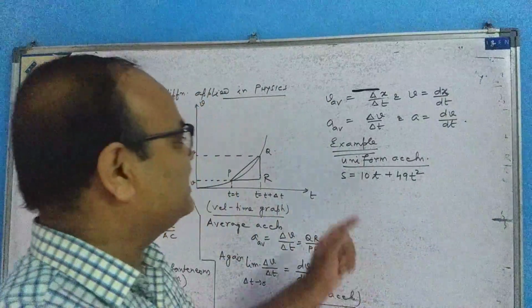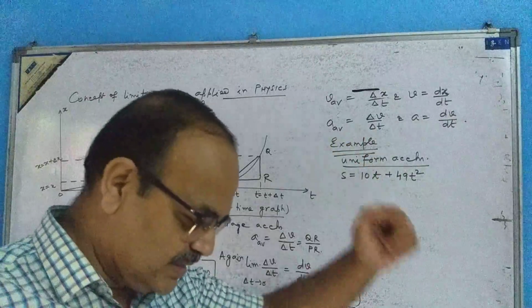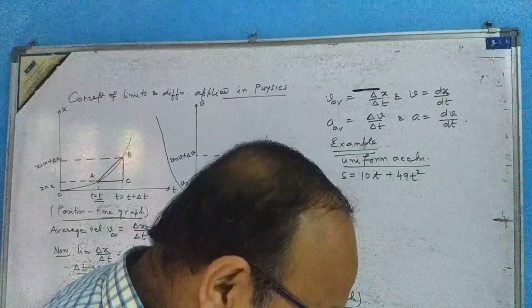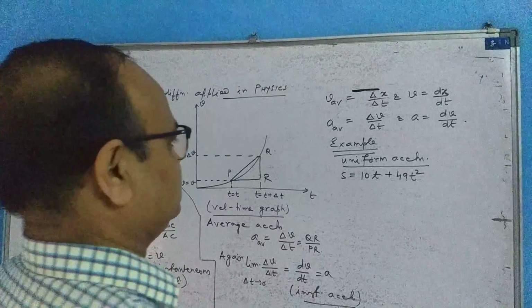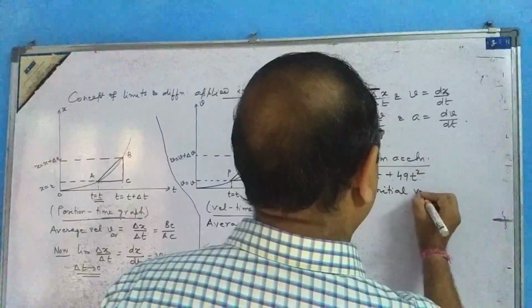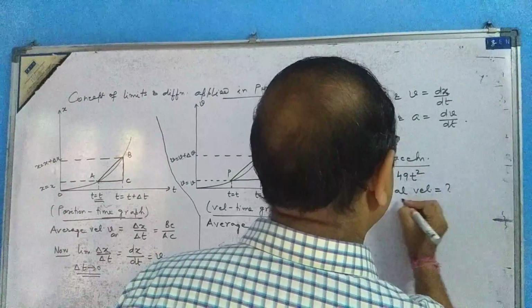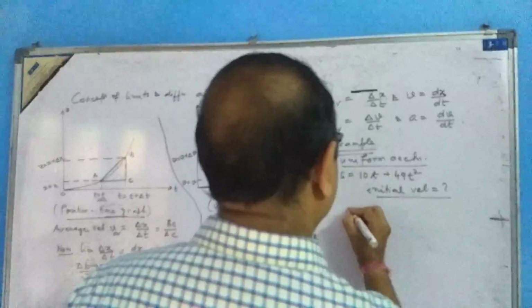At the instant of time t, its displacement is given by this formula. You have to determine its initial velocity. Let us see how much the initial velocity is.